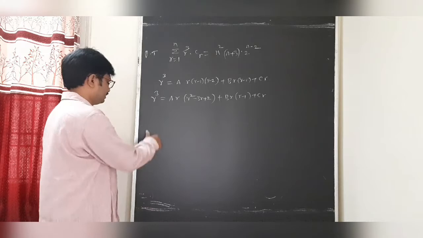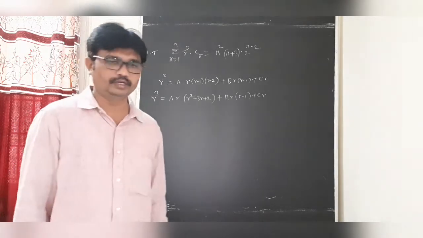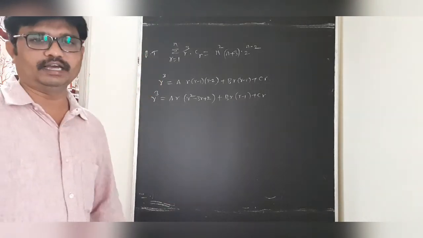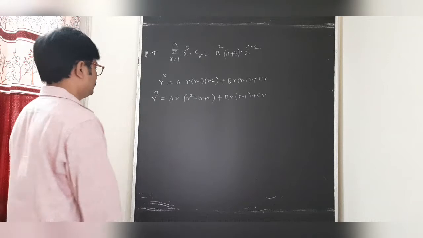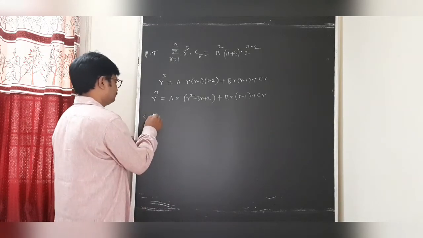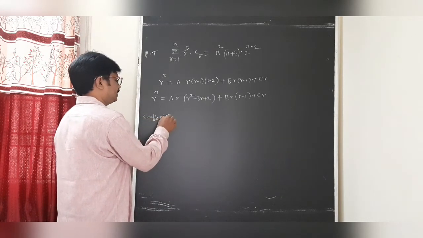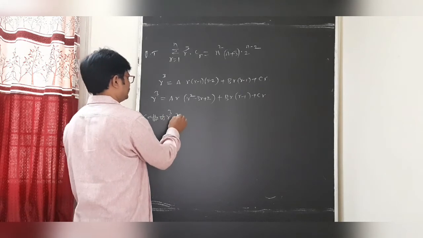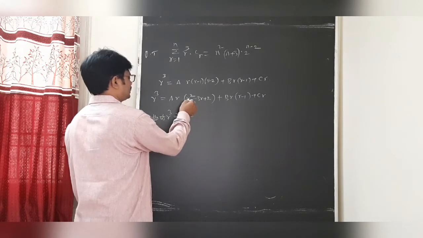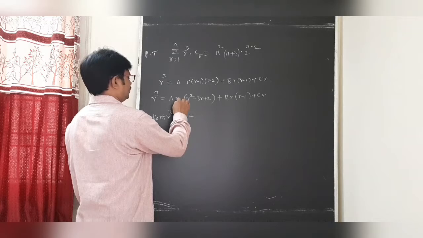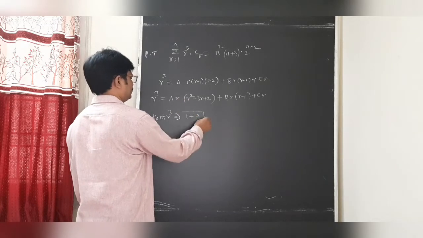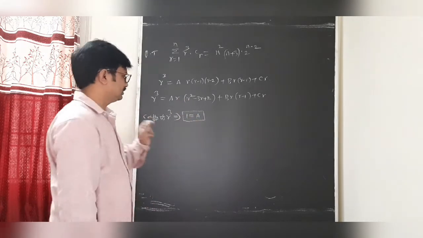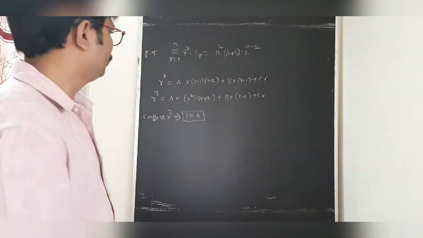Now, students, equating first the coefficient of r cube, we have to find the values of A, B, C. So, dear students, first we equate the coefficient of r cube on both sides. This is 1, r square into r is r cube, that is A. At the beginning we got A equal to 1.